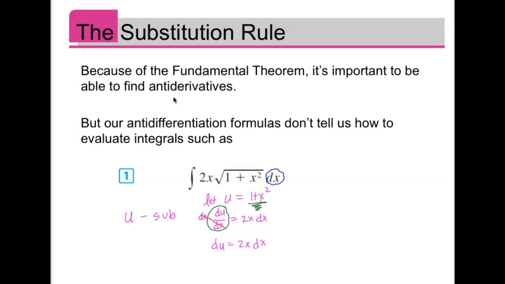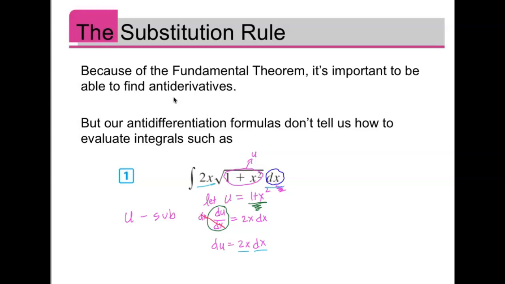Now let's look back at our problem. What are we going to replace this 1 plus x squared with? What's that going to become? u. And I said we also need to replace everything else, including, importantly, the differential. Notice that we have du equals 2x dx. Do we have 2x dx left over right now? We got 2x, we got dx.